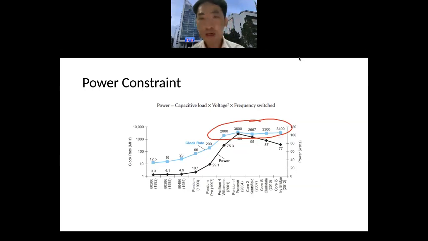If we have a higher frequency, the hotter the processor will be. And when it is very hot, it consumes a lot of power, and it cannot work very well. And this is the power constraint of the processor, and that is why the processor frequency is only this.